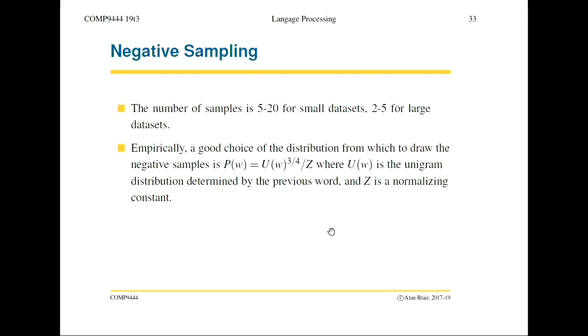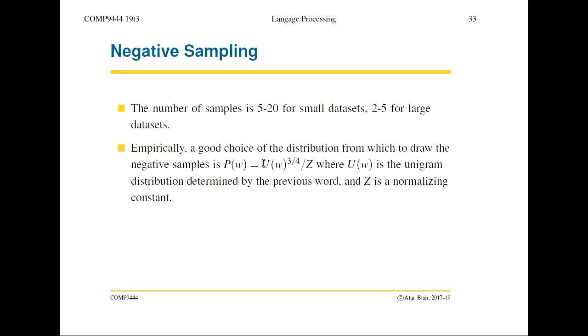So you think about it, some words occur more than others. So one possibility is I could choose words based on the probability with which they occur in the text. So I'm choosing common words more often and rare words less. That's one extreme. At the other extreme, I could say, well, I'm going to choose all words with equal probability. There's 60,000 words. I'm going to choose all of them with a probability of 1 over 60,000.